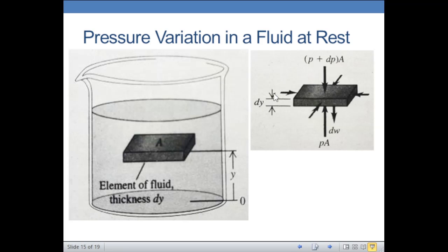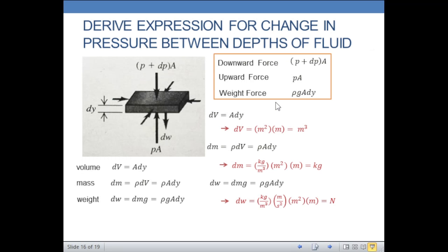The dy here only refers to the change of elevation of the fluid. Again, the downward force is P plus dP times A, the upward force is P times A, pressure times area, and the weight force is the density times gravity times the area and the change of y, or the change of elevation.